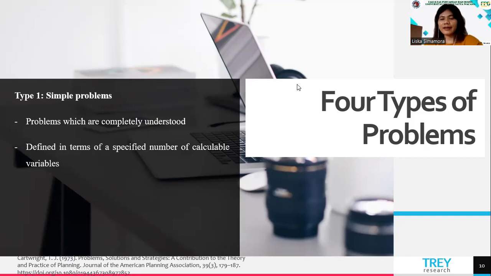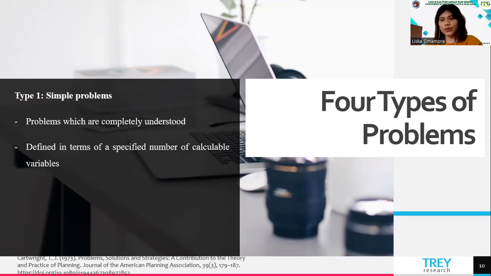Okay, and another thing to highlight here is that the variables are calculable. We can calculate them. So that is why we say that is a simple problem. So in a simple problem, we know a specified number of variables, whether it is one or two. We don't say this problem is driven by two or more.